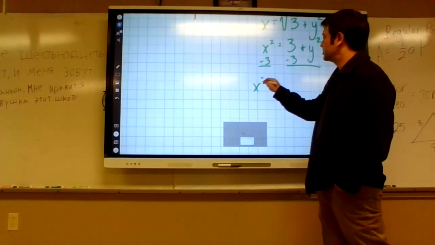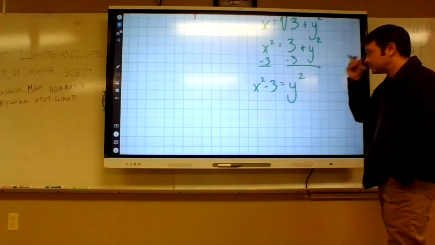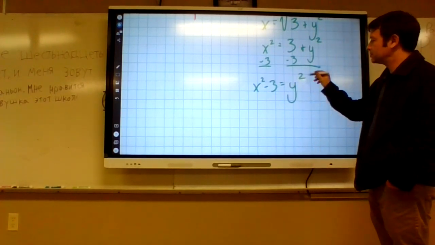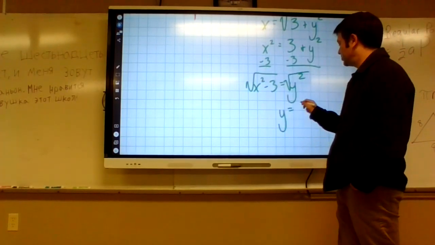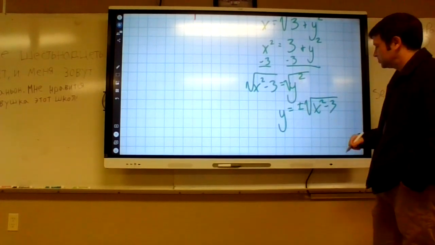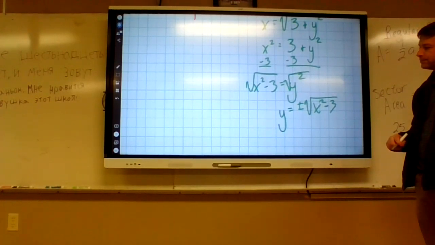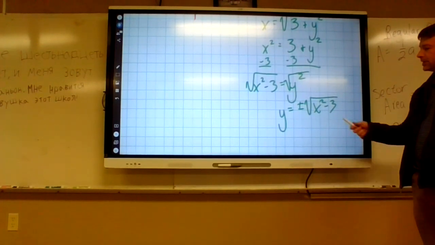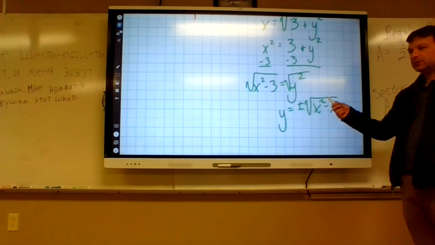I don't know, maybe I should just try to graph it. How do I get rid of the square root? Okay, the problem is when you do the square root, it's actually plus or minus. I'm assuming it doesn't have an inverse. Yeah, it doesn't. Like if I plug in x is 1.